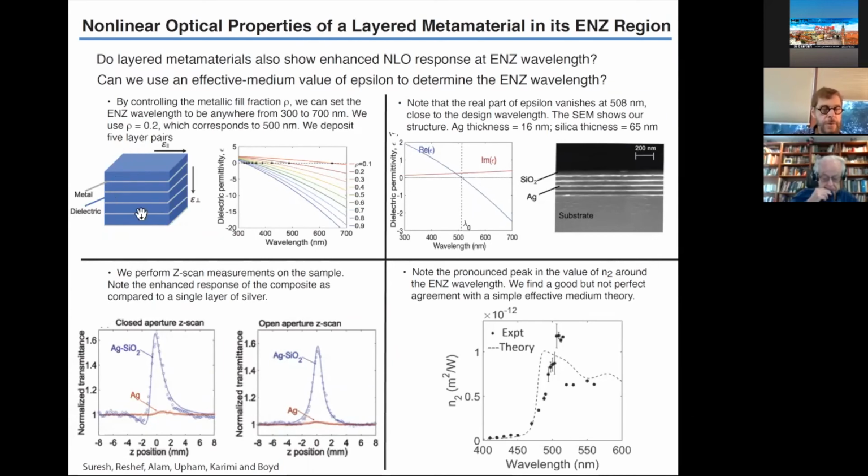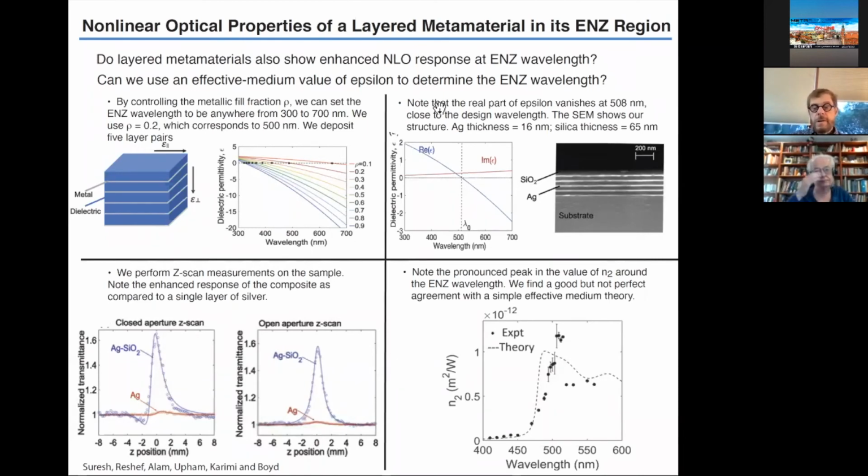So here's what we're considering: alternating layers of metal and dielectric. We change the amount of metal in the composite, and in doing so, we can land on any one of these curves. This means that we can set the epsilon near 0 point anywhere in the range of about 350 nanometers to 700 nanometers.